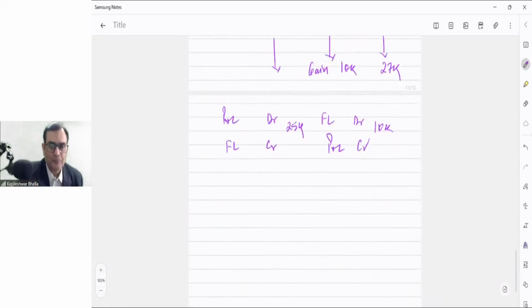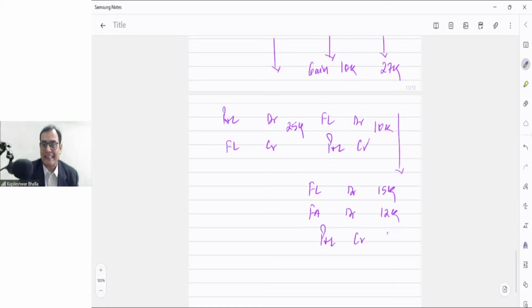So what do you need to do? You need to pass an entry derecognizing the remaining financial liability of 15, recognizing a financial asset to the extent of 12, and you would record in the profit and loss account the entire gain to the extent of 27. So we are given a cumulative loss and a cumulative gain position.